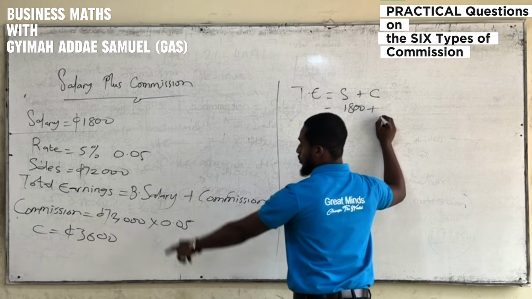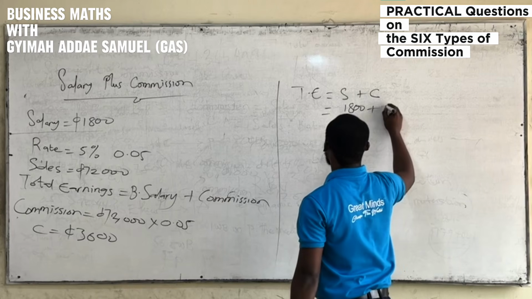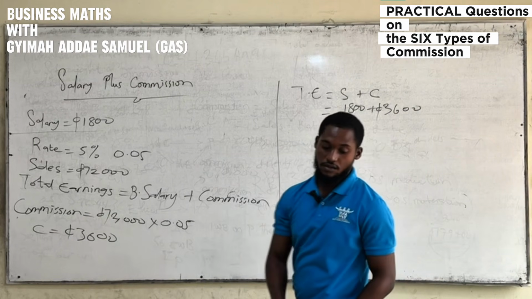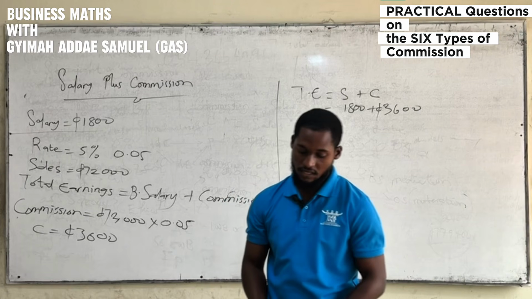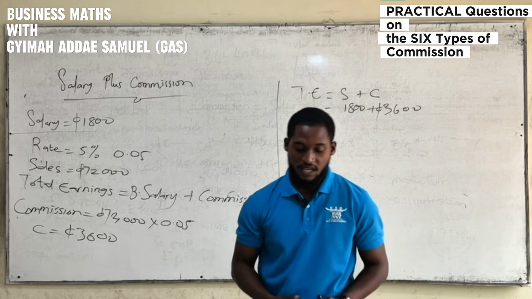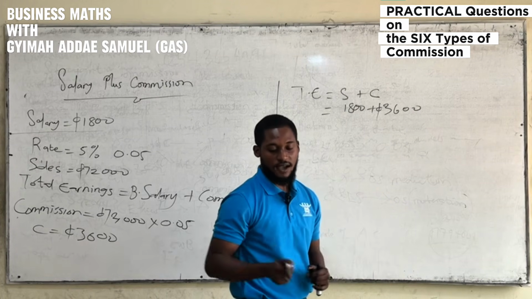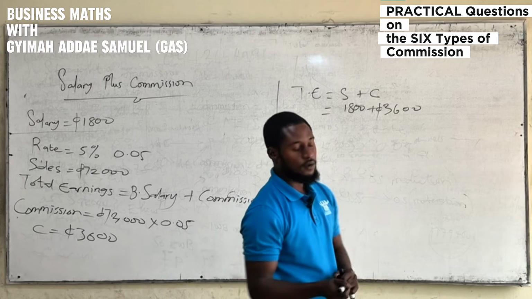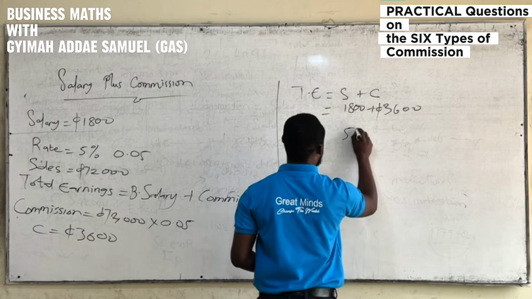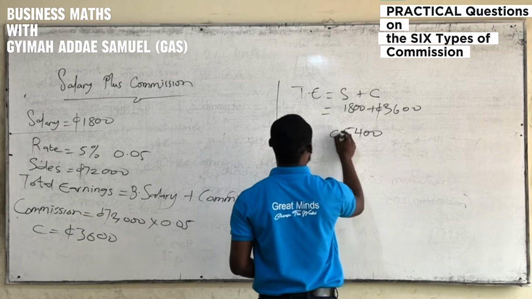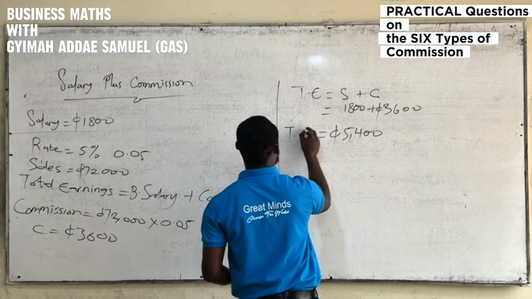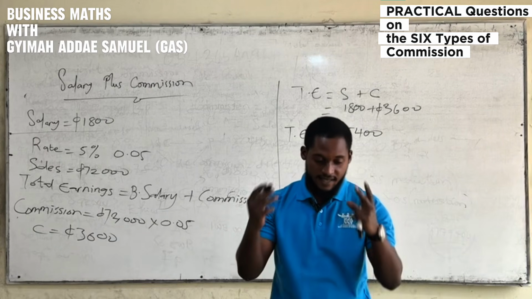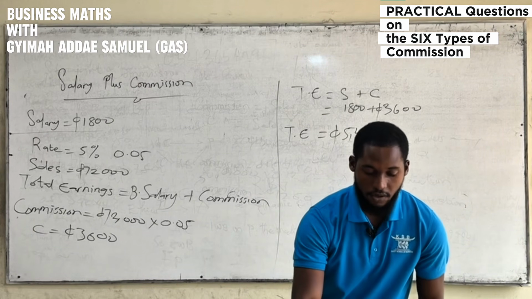Then you add it to the commission calculated, which is 3,600 Ghana cedis, and therefore it becomes 5,400 Ghana cedis. That's the total earning for AC as required by the question.